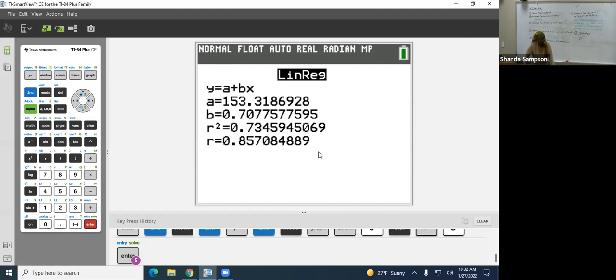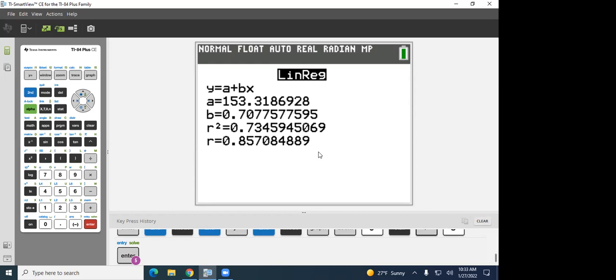150, wait, do you want 4 decimal places? Don't ask me, I'm asking you, you can't answer my question with a question. All right, they're trying to come up with it together. Anybody in Zoom land? Tia, I didn't get you on the last one, what about this one? What are we gonna write for A? 153 point, what is the data set?